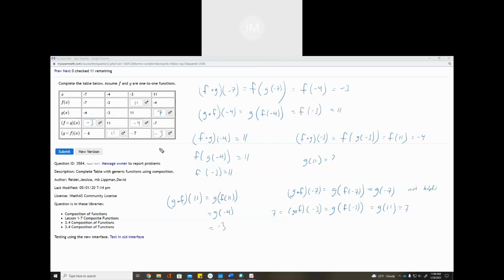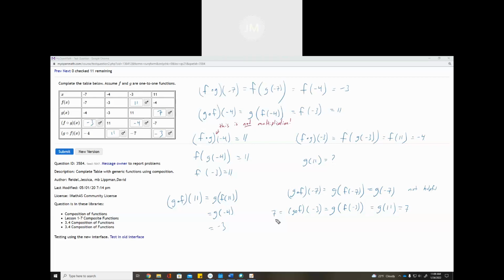Okay, some key things to keep in mind with composition. When we write notation like this, that does not mean multiply. That's important to keep in mind going forward. We have to be careful about what operation we're doing.